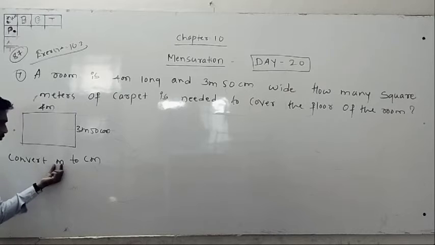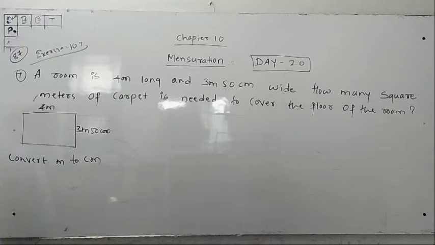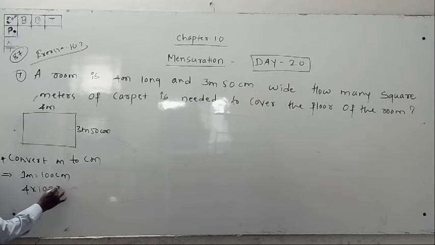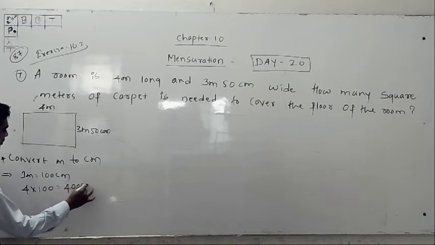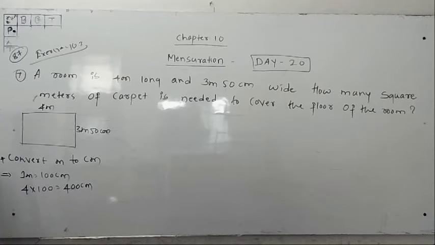But I wrote here only a short form. M means meter, cm means centimeter. Then 1 meter equal to 100 cm. 4 into 100, 400 cm. Okay, 400 centimeter.